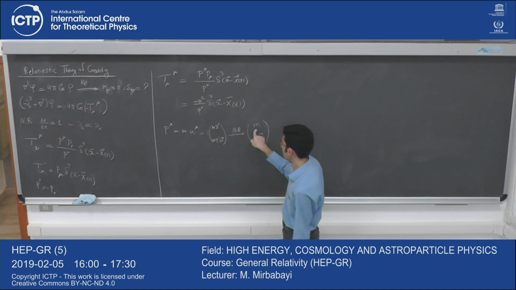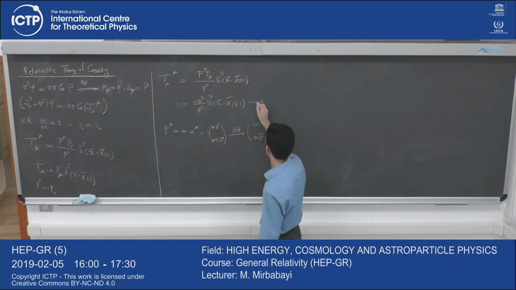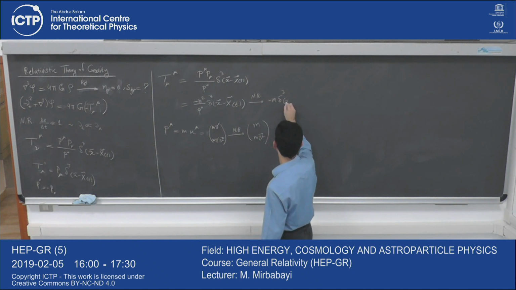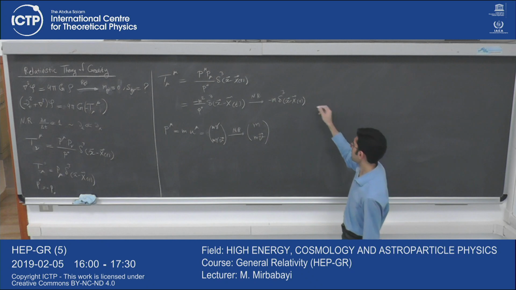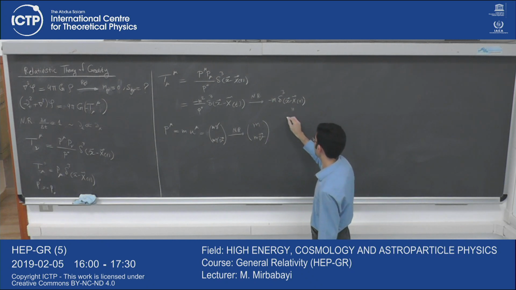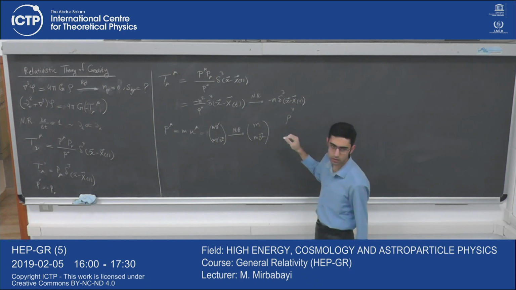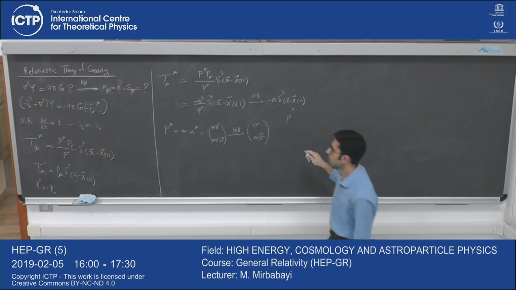So in particular, P0 becomes just m, therefore in the non-relativistic limit, this becomes minus m times delta 3 of x minus x of t, which is indeed the mass density of the system.